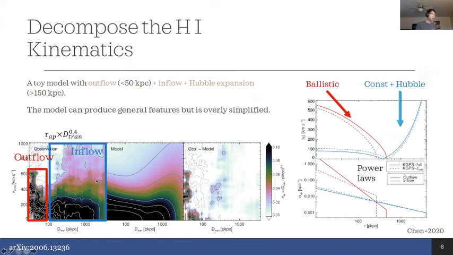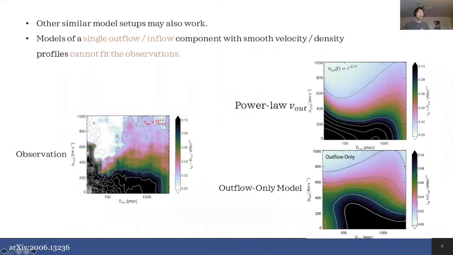Of course, the model is oversimplified, and we acknowledge that there are other families of models that may work. For example, if you substitute the ballistic outflow velocity with a power-law outflow velocity, you can see it's still doing a fairly good job.